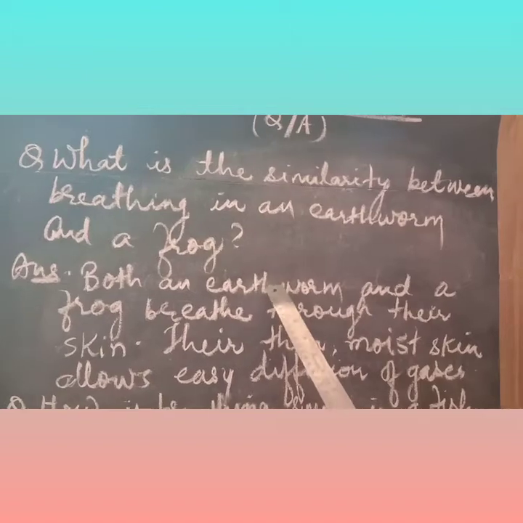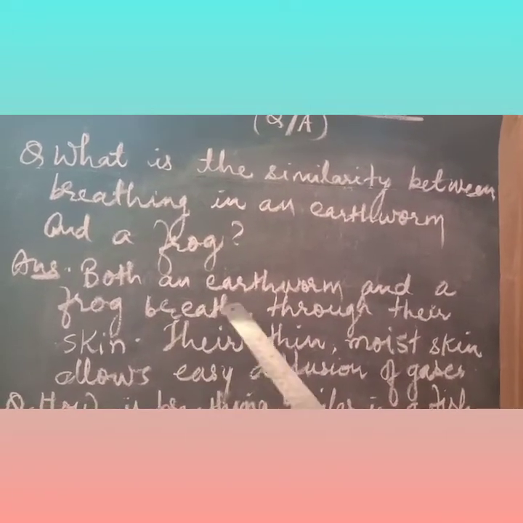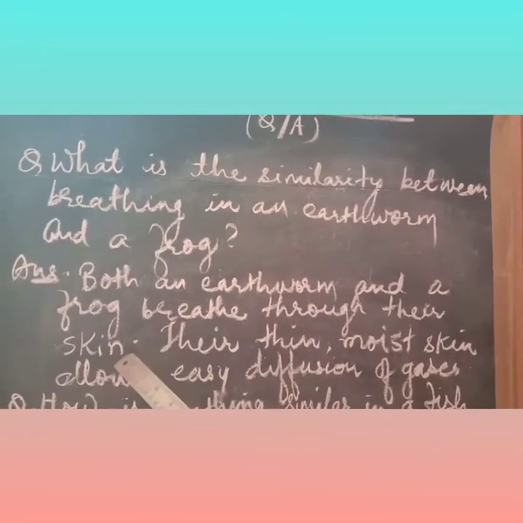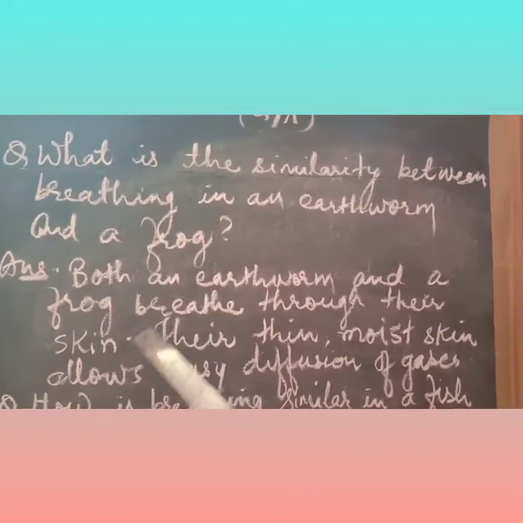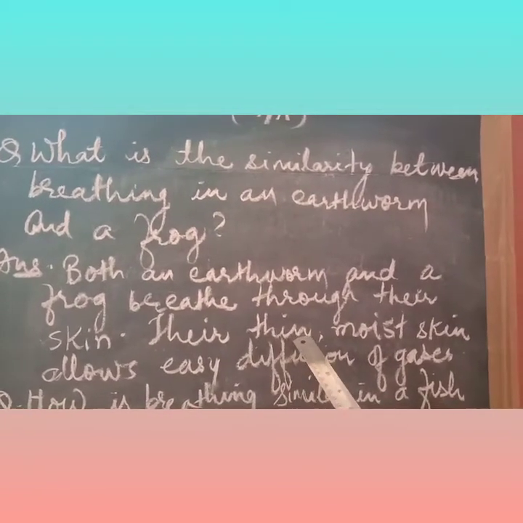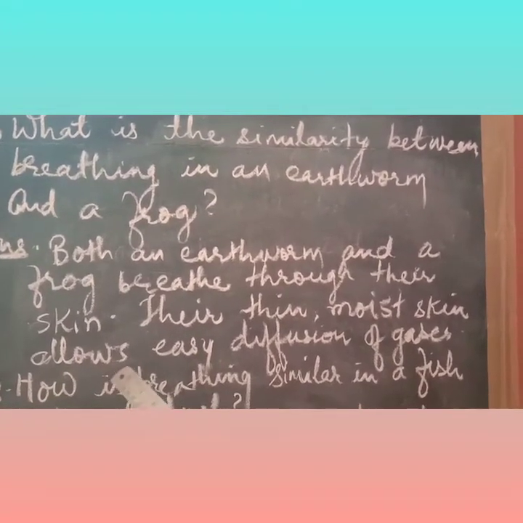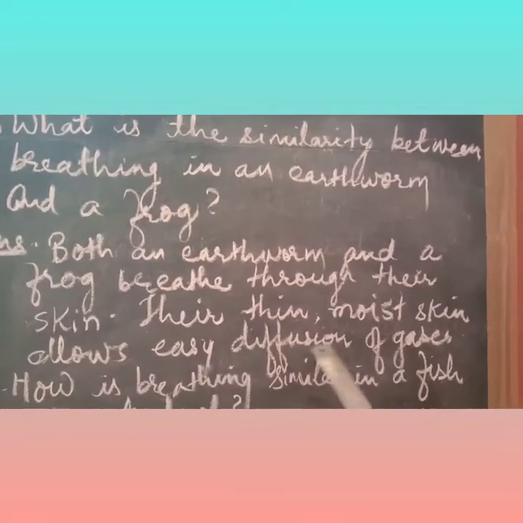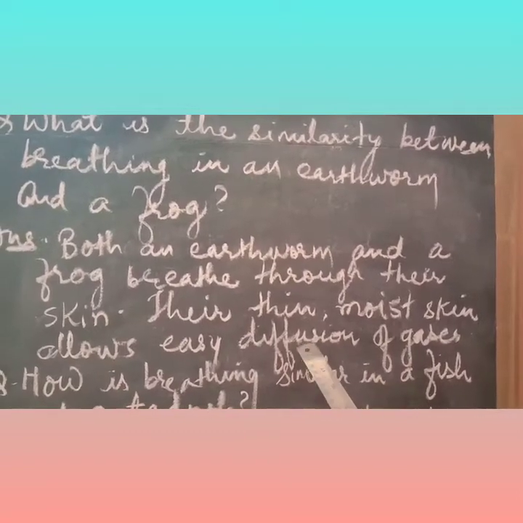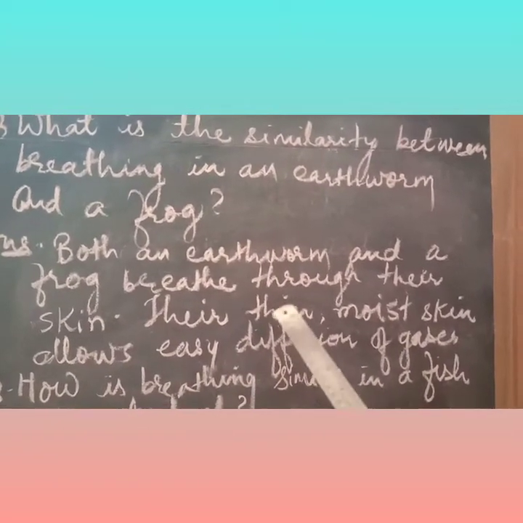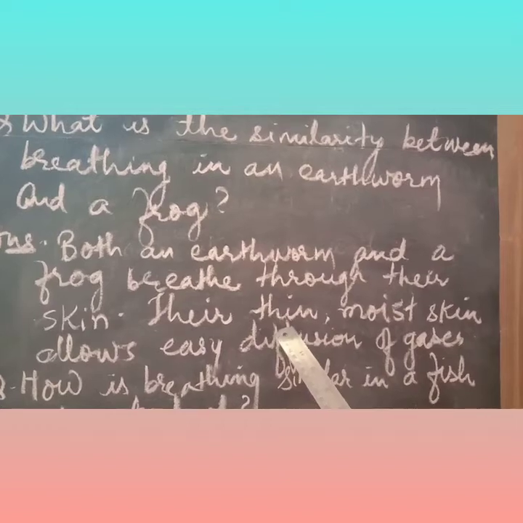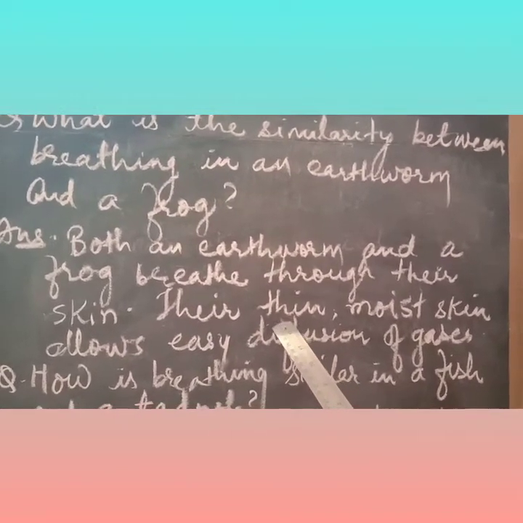Both an earthworm and a frog breathe through their skin. They both have very thin moist skin which allows easy diffusion of gases, meaning gaseous exchange takes place through the skin itself, which is very thin and moist at the same time.